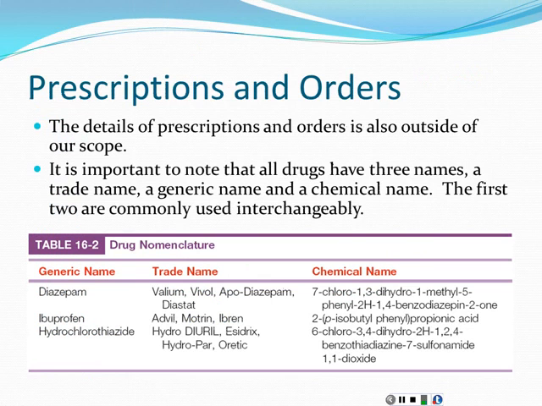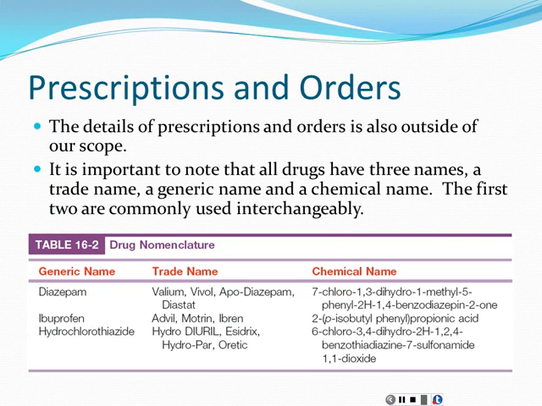Again, prescription and orders are not part of this course either, but it is important to know when talking about medicines, all medicines have 3 names. 2 get used interchangeably, particularly when a medicine has been out for a long time, and the 3rd is never ever used in the hospital. So the generic name, there's an international organization of pharmacopoeia.